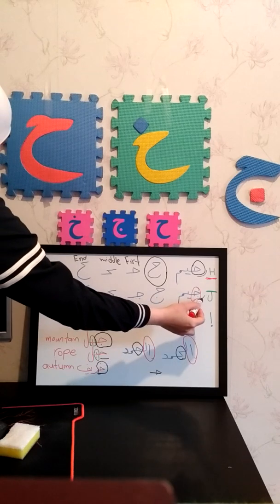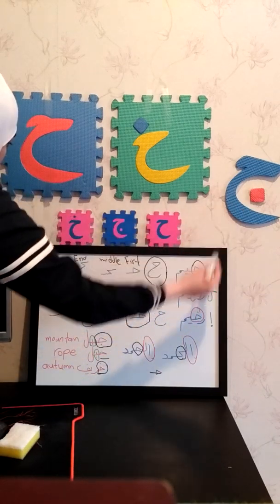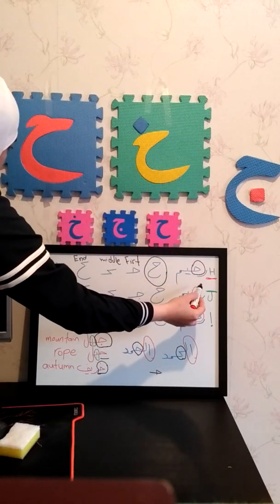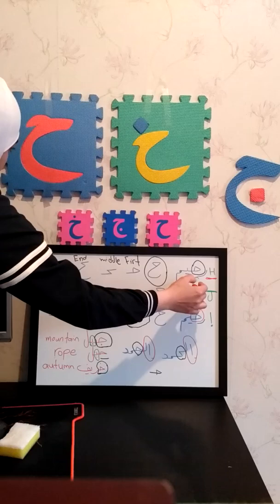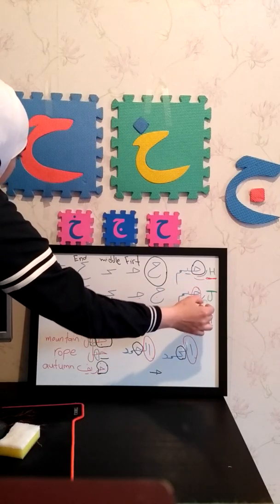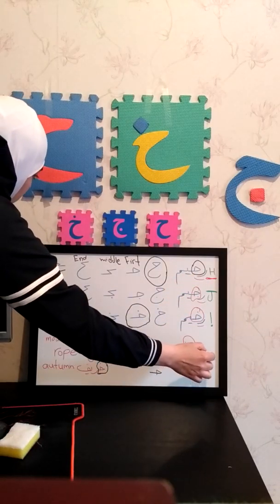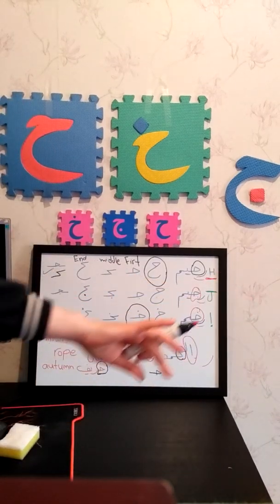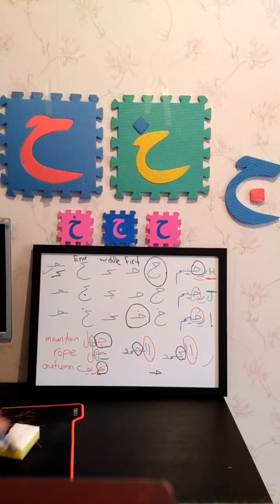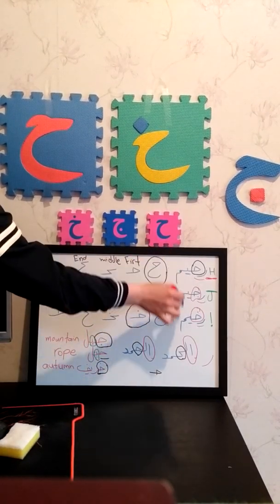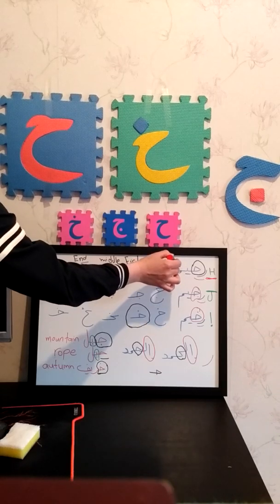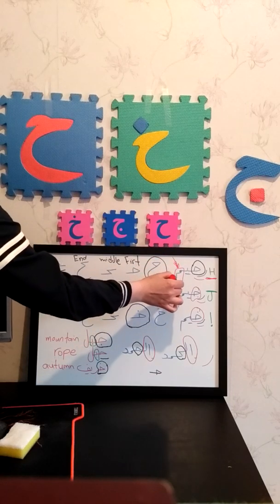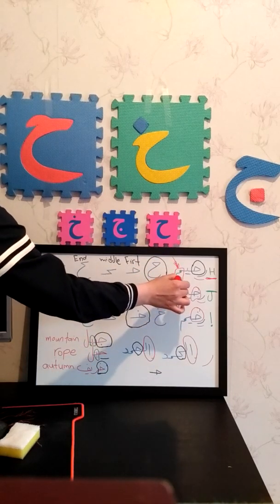The second one, jim. Notice that these words begin with ra, like a banana, ra. Right now we won't speak about it, keep it aside. And these words finish with the same letter, which is meem.